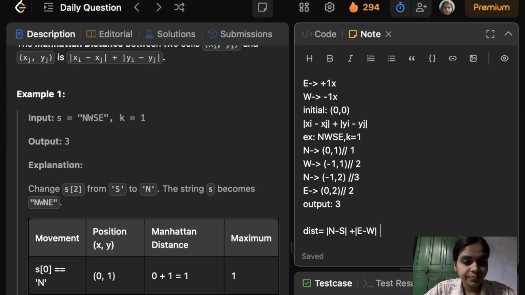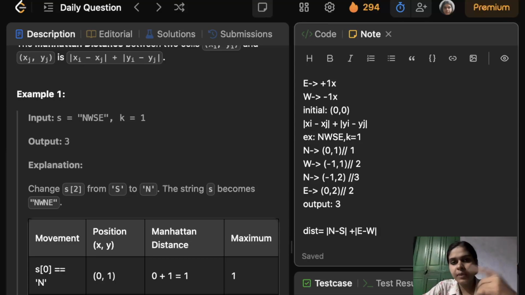Okay, so what we can see here is, if we change any direction using this k, each change can help you move up to 2 extra units from the origin. Like if the change was going to happen in the plus y direction and we change it to minus y, then it is going to give us 2 extra units, the plus y part and the minus y part.